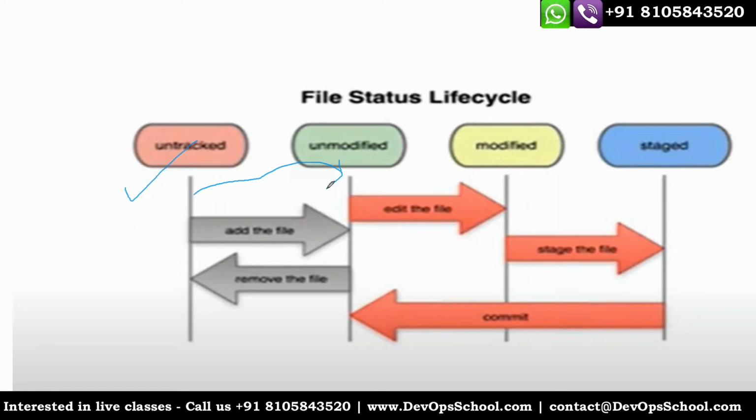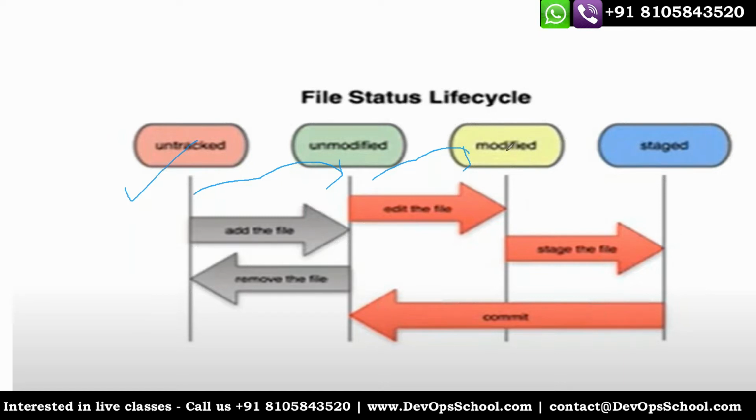Git add has multiple purposes. You can move from unmodified to modified using the same command git add. And from unmodified you can remove a particular file and then it will go to untracked again.